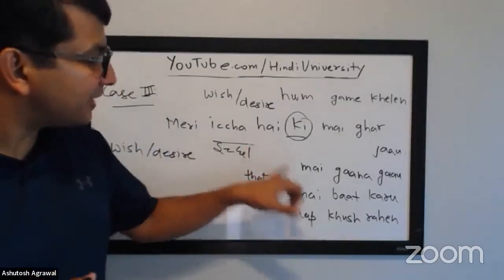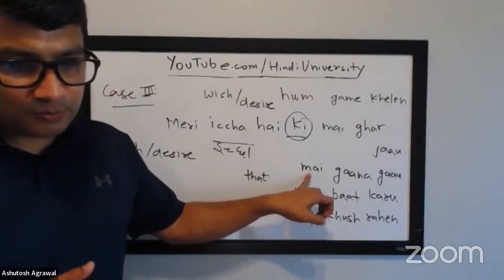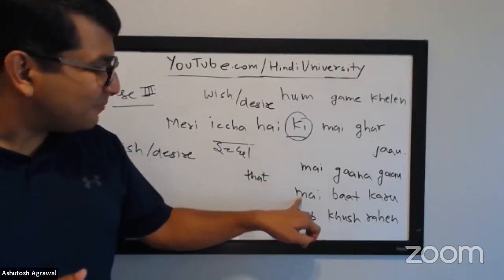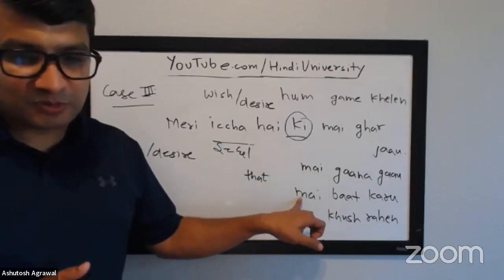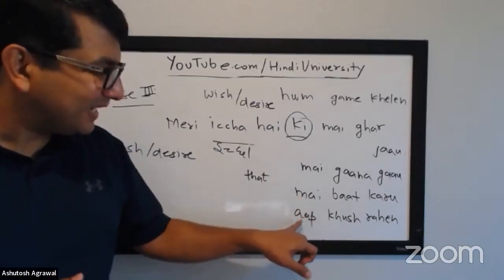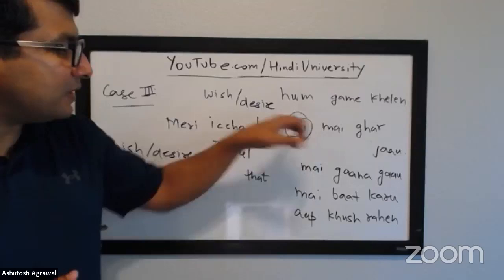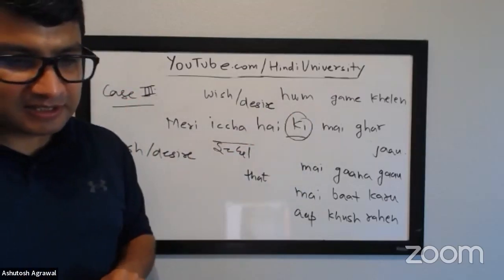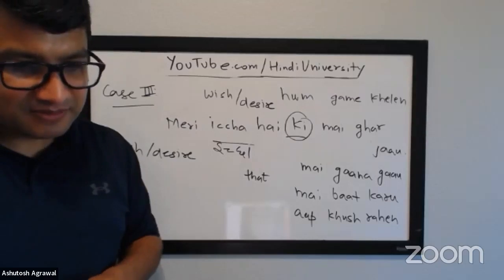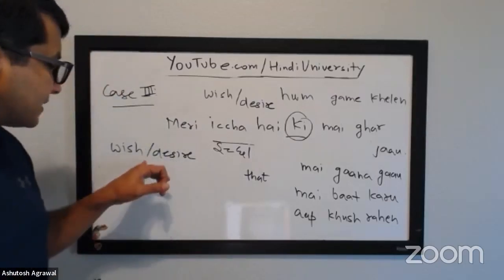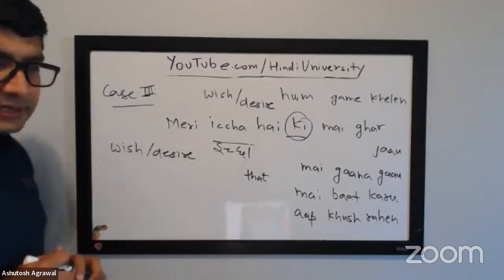Very good. मेरी इच्छा है कि मैं गाना गाऊं. I wish to sing a song. Very good. मेरी इच्छा है कि मैं बात करूं. I would like to speak, to talk. Awesome. Okay. The next one. मेरी इच्छा है कि हम गेम खेलें. I would like us to play a game. In all of them, you are expressing your wish or your desire.